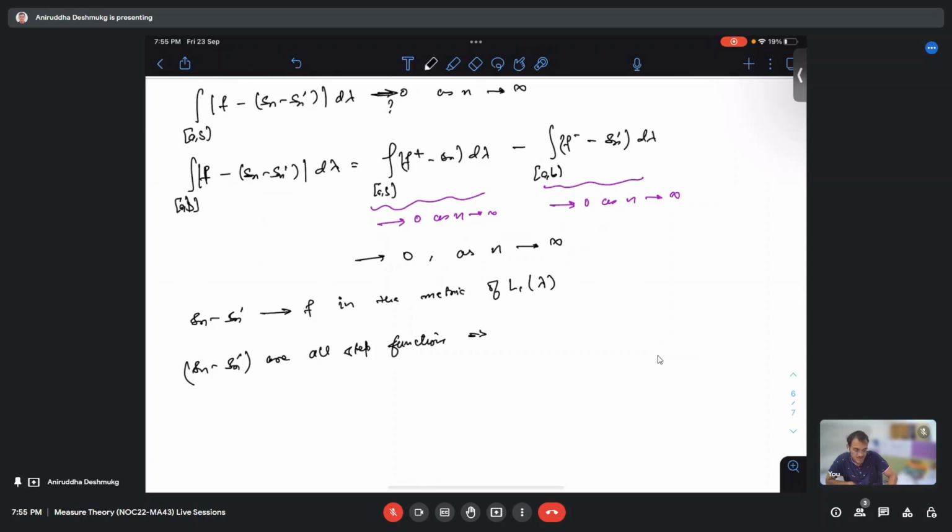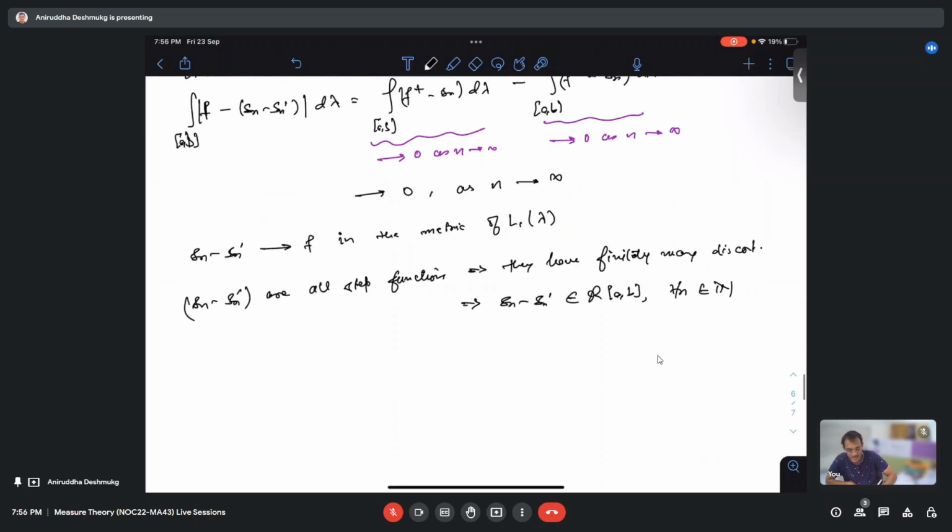Hence, they have only finitely many discontinuities, which means Sn minus Sn primes are in RAB for each n. And therefore, RAB is dense in L1.